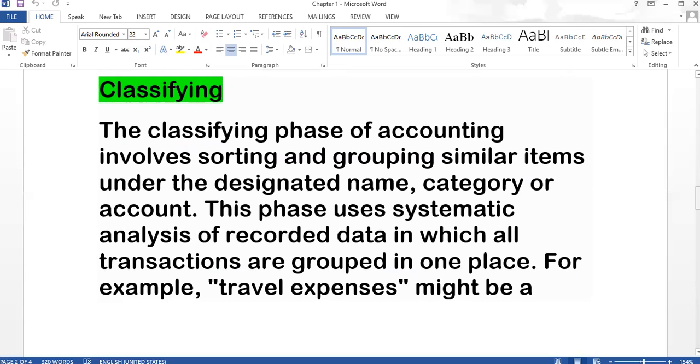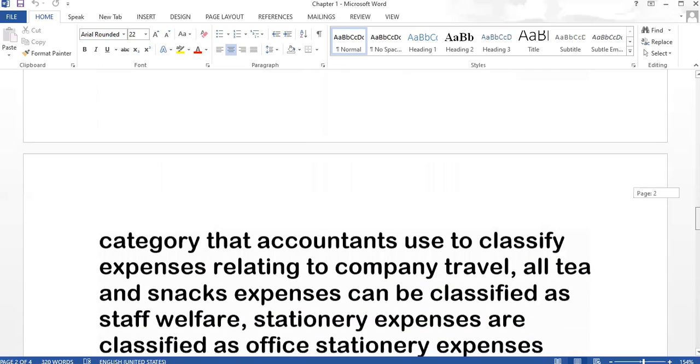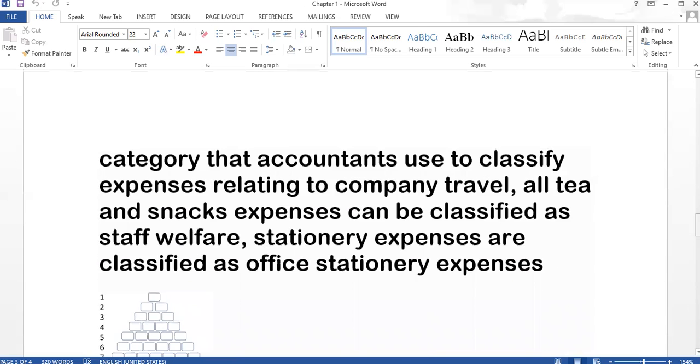For example, travel expenses might be a category that accountants use to classify the expenses related to the company's travel. All tea and snacks expenses can be classified as staff welfare. Stationery expenses are classified as office stationery expenses.